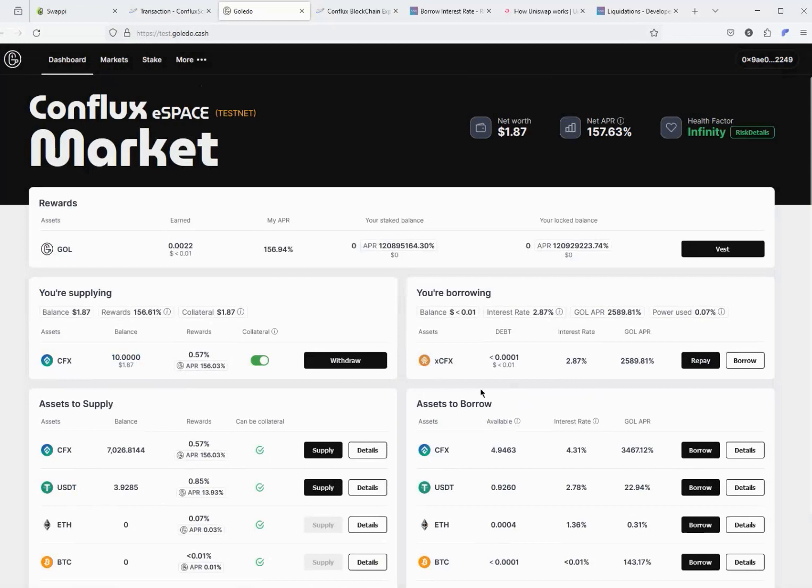If the borrowing value is more than the supply amount, the health factor will be less than 1, right? And when it is less than 1, we will perform liquidation.